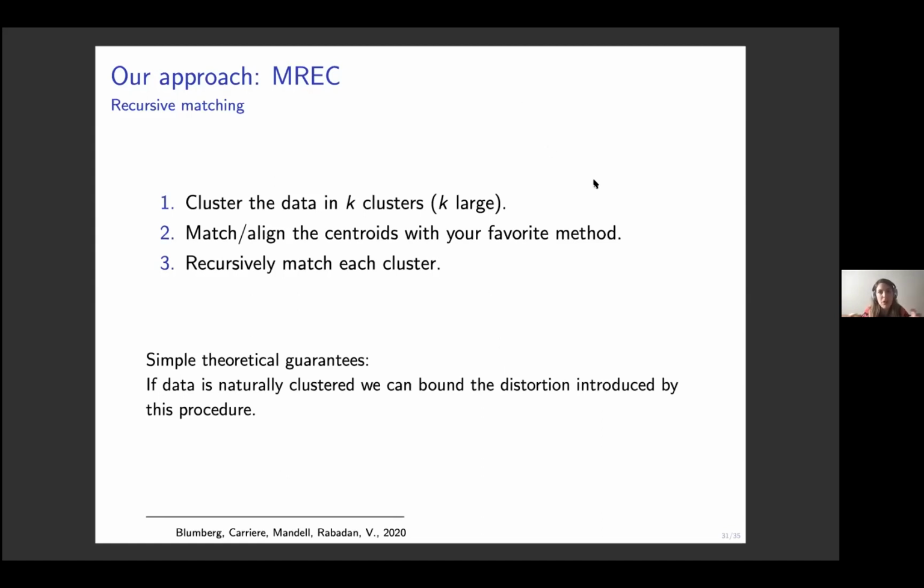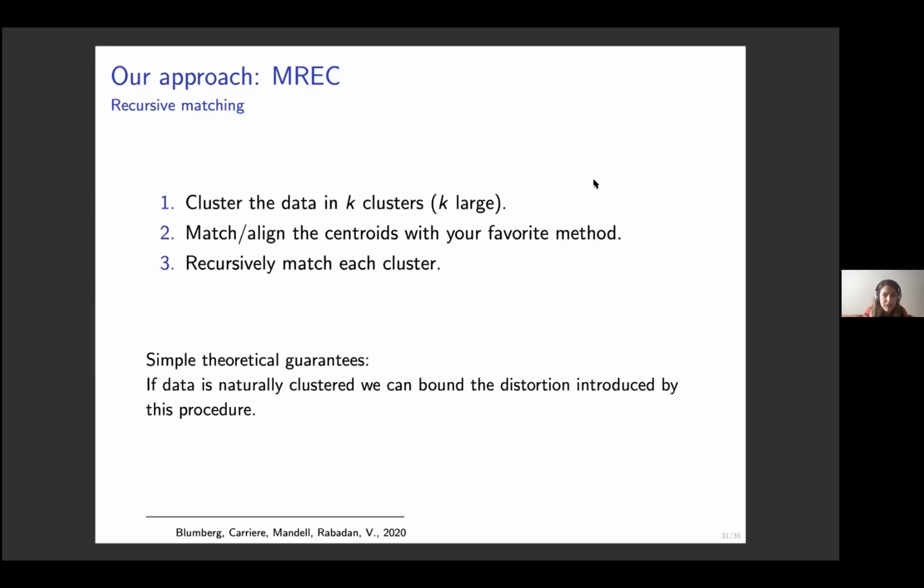And then I'm going to open up each of these clusters, and do the same thing within each of these clusters. So if centroid 1 got matched to centroid 100, then I'm going to see all the points in that class and all the points in that class, and I'm going to recursively do the same with these subclasses, and then I'm going to find a matching in this recursive way.